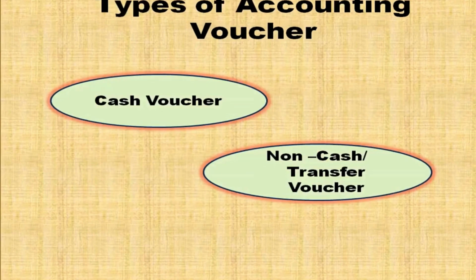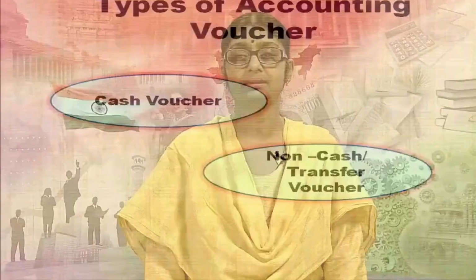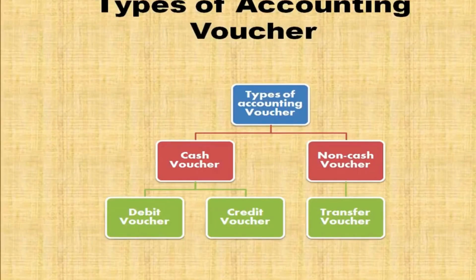We have cash vouchers and non-cash vouchers or transfer vouchers. That is the type of voucher. Under cash voucher, we have debit voucher and credit voucher. A non-cash voucher can otherwise be called a transfer voucher.